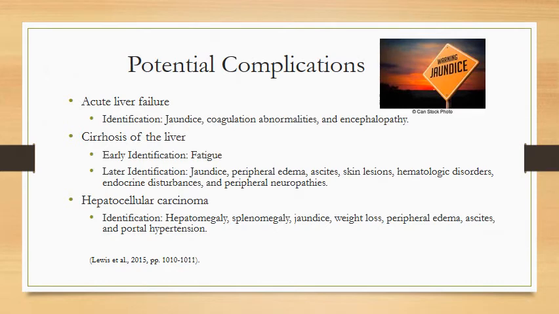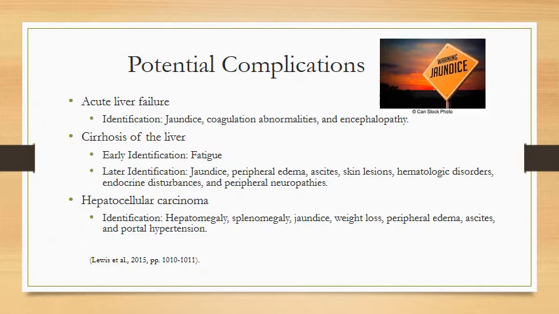Potential complications of hepatitis include acute liver failure, cirrhosis of the liver, and hepatocellular carcinoma. To identify whether acute liver failure has developed, signs include jaundice, coagulation abnormalities, and encephalopathy, which includes cerebral edema, decreased level of consciousness, and confusion.